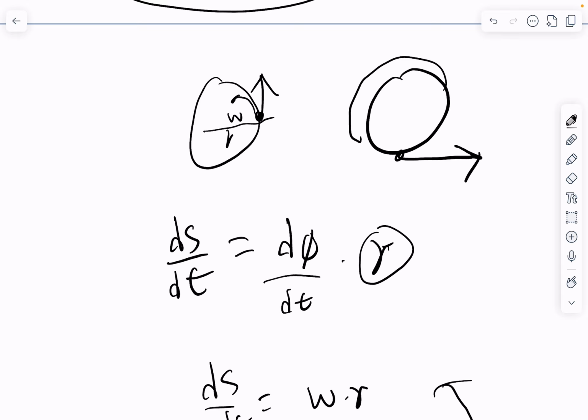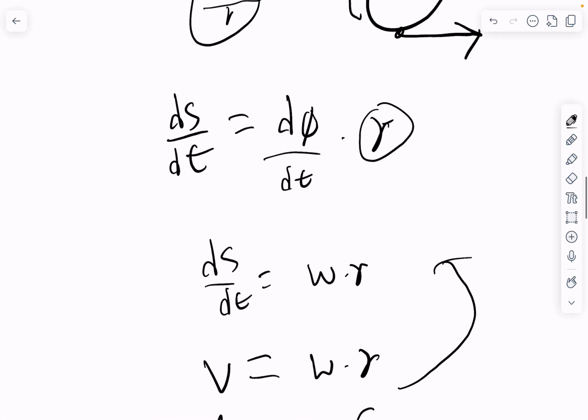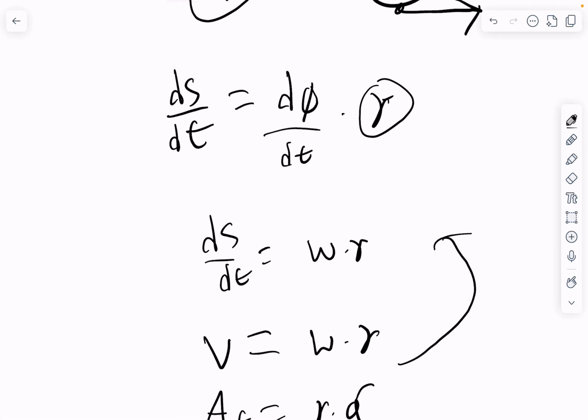And we know that dφ/dt is equal to angular velocity. So we know that velocity is equal to angular velocity times radius. And this makes sense, right? Because if you think about it, we had the change in radians times radius was equal to this arc length s. So basically, we're just putting it in terms of velocity now.